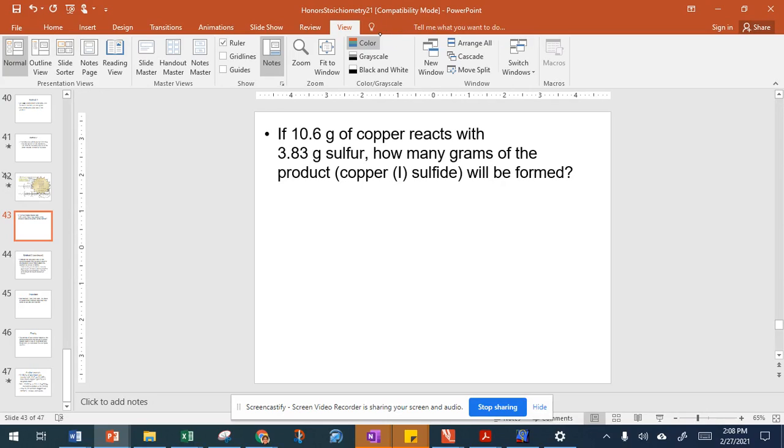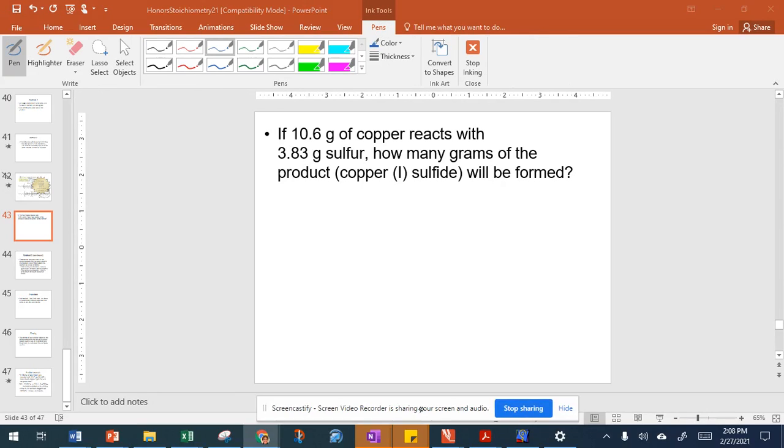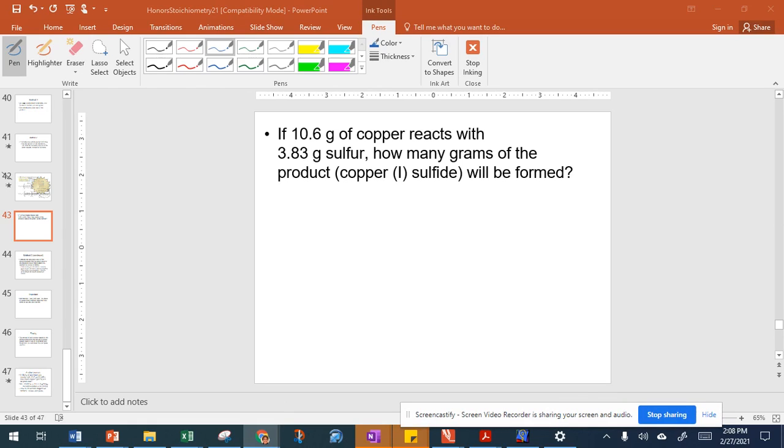The first thing you're going to do, no matter which technique you end up using, is write out your balanced equation. So we have copper reacting with sulfur. Remember, sulfur by itself is S8, and we're producing copper 1 sulfide, Cu2S. We first had to balance our equation.